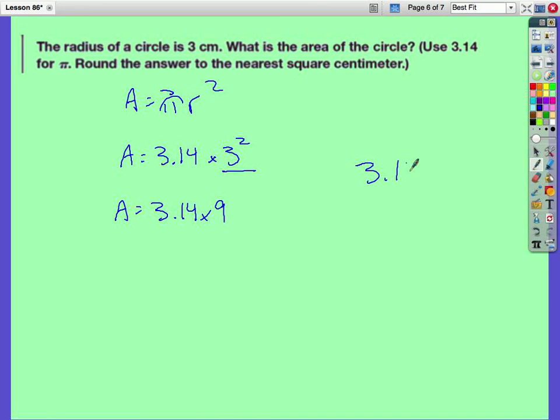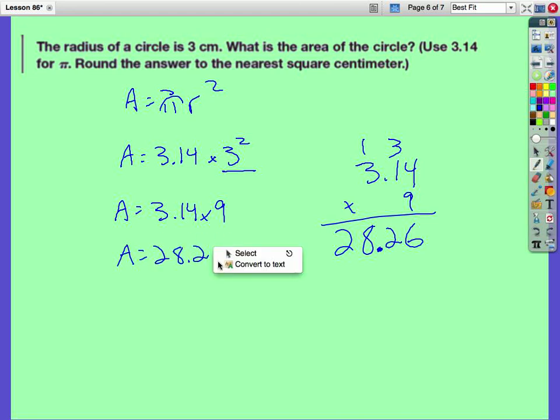Now if I do 3.14 times 9, my area is going to equal 28.26.